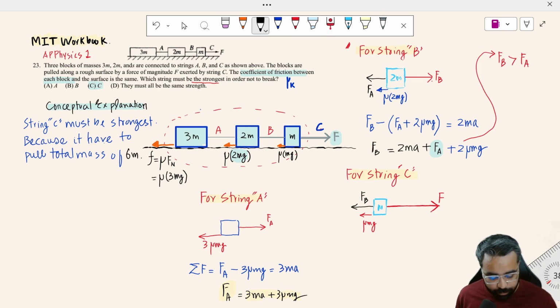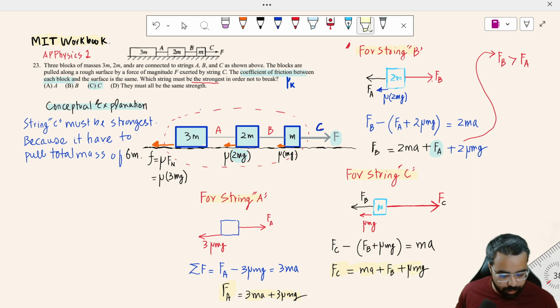So once again we repeat the same procedure: Fc minus the sum of these two forces, because they are in the same direction, equals ma. So you can see that Fc equals ma plus Fb plus mu mg, which results in the force of tension in string C being more than the tension in string B, and that is more than Fa.